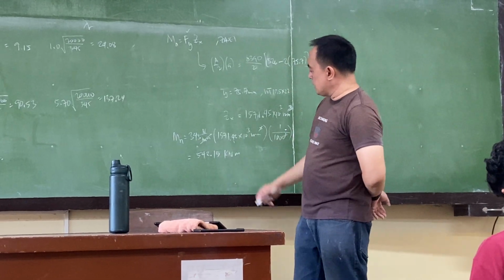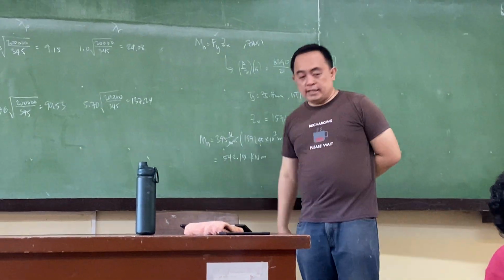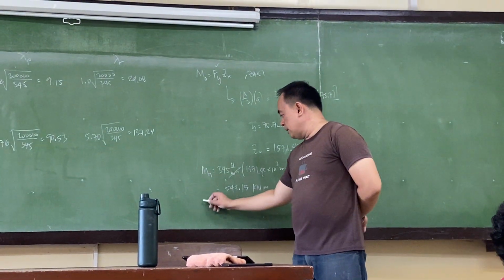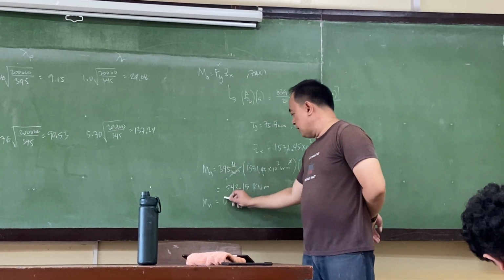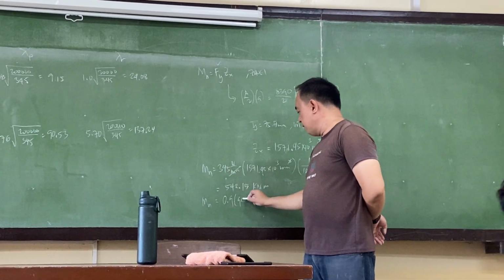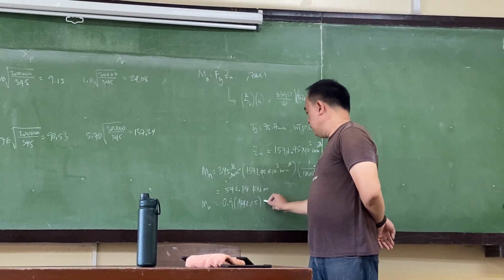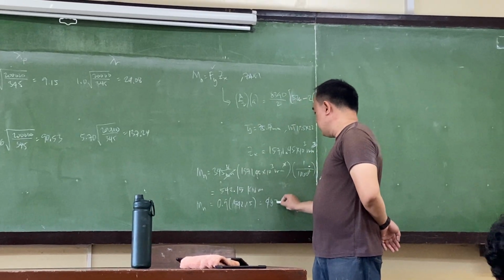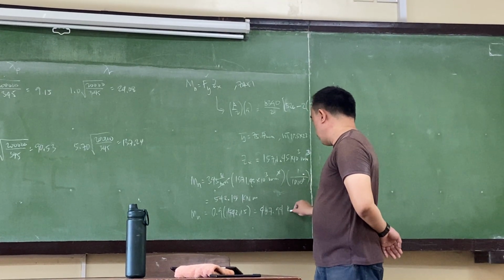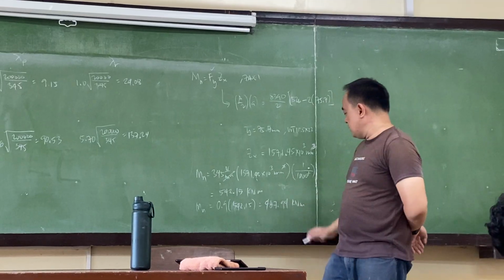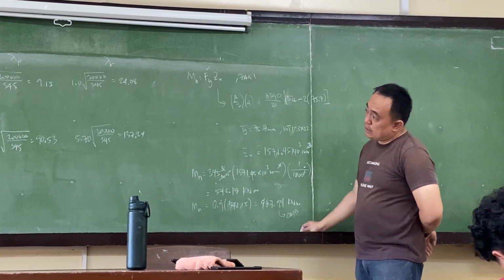So the design moment, fortunately for moment, the resistance factor is 0.9, so you need not worry about the values. So 0.9 of 542.15 is 487.94. So this is the capacity of your W21 by 44.